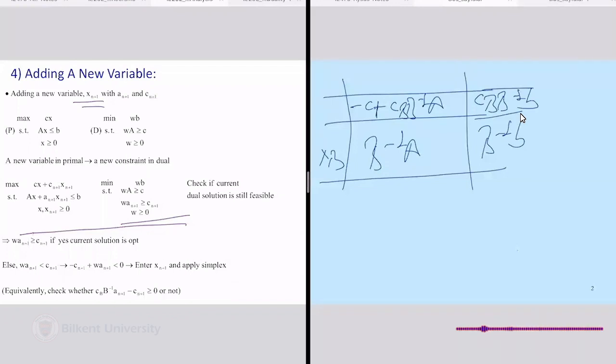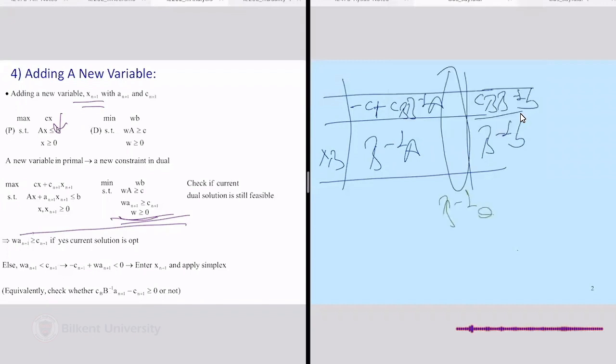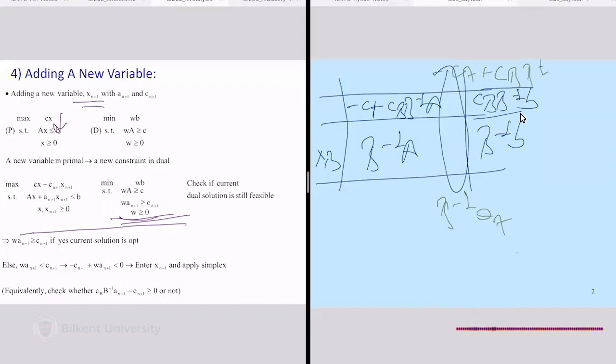So primal feasibility is intact. Dual feasibility may be lost. Why? Because a new variable in this primal problem is a new constraint in the dual. So all I need to check is the dual feasibility. Is it still there? So I put the new guy here, with B inverse A7 and minus C7 plus CB B inverse A7.